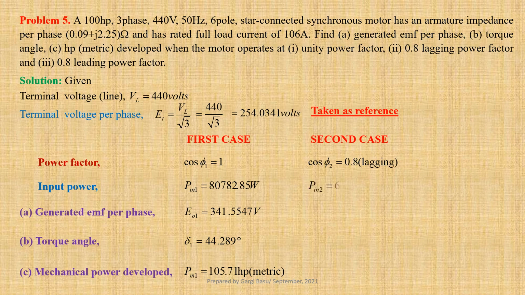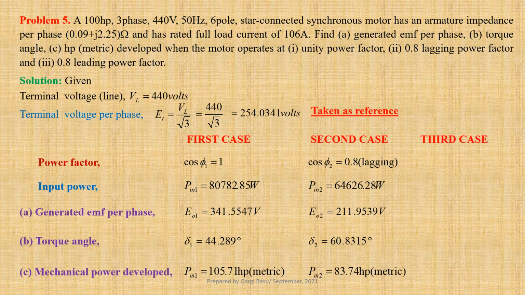Second case, when power factor cos phi 2 equals 0.8 lagging, we have determined input power Pin2 equals 64,626.28 watts. Generated EMF per phase E02 equals 211.9539 volts. Torque angle delta 2 equals 60.8315 degree and mechanical power developed PM2 equals 83.74 HP metric.